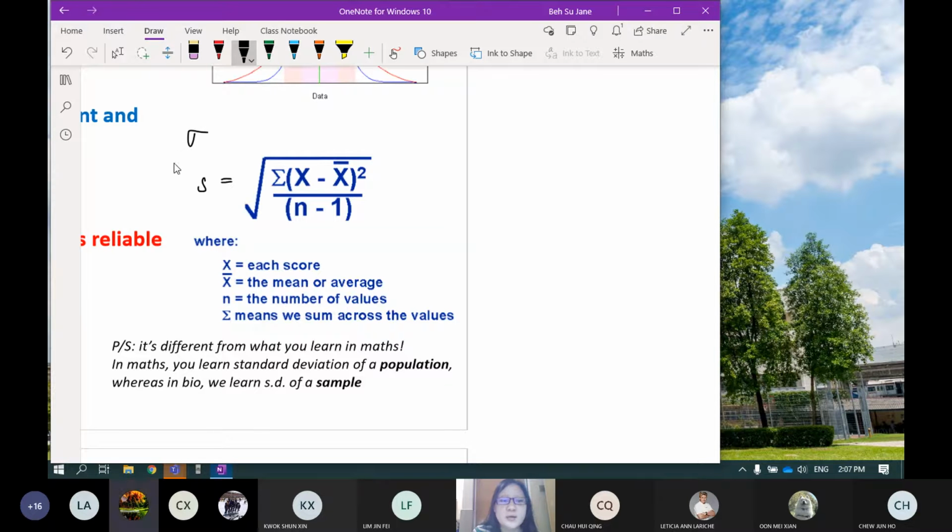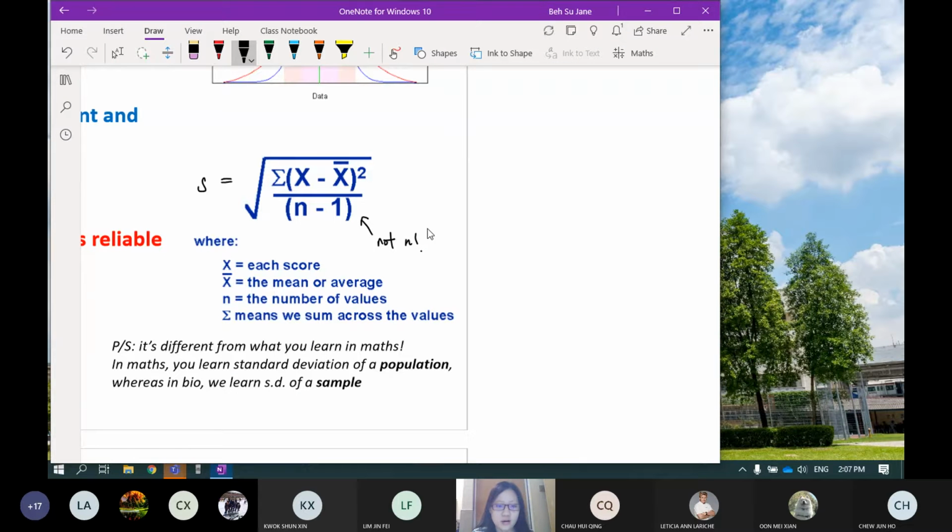Not sure. Here we use S. Why is that? I'll tell you soon. And you also realize that it's not divided by N. Oh, thank you, small letter sigma. This is big letter sigma, big S. Anyways, you can see here that it is not N, it is N minus 1.